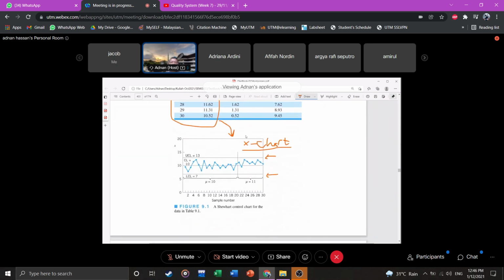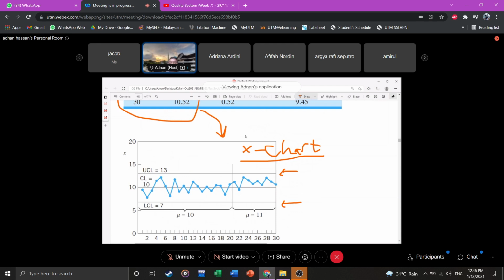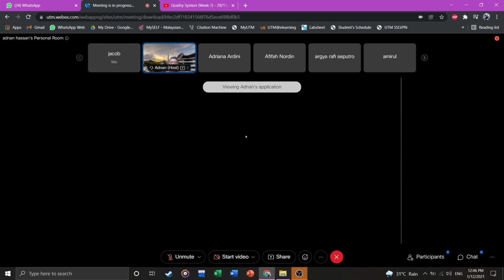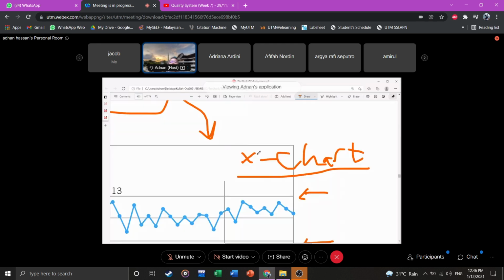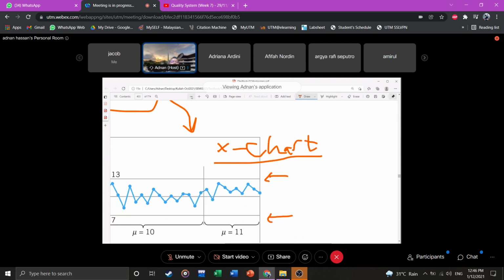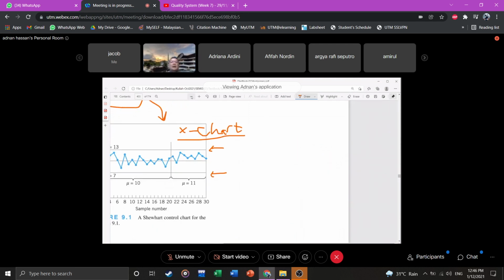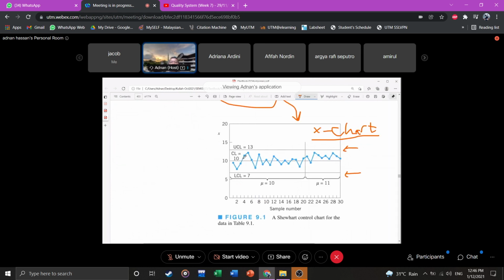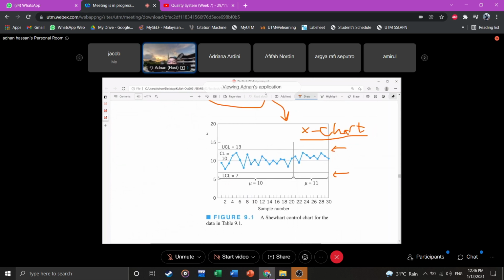What happened to the mean of this? You can respond in the chat box or you can just use your mic. I want to hear you. What happened to the mean of this data?